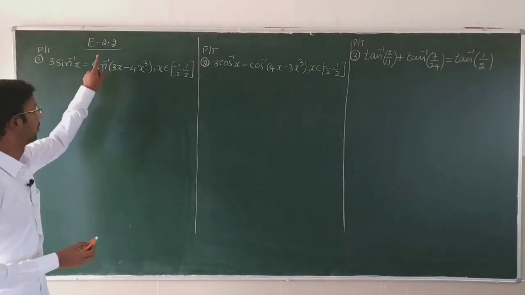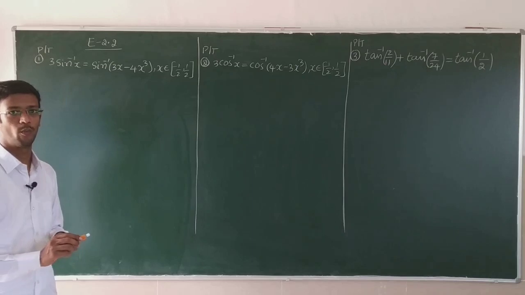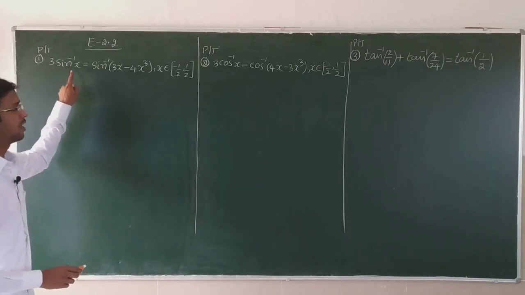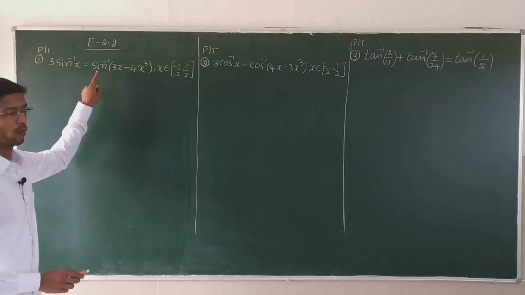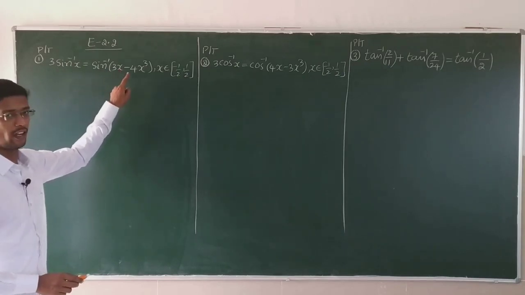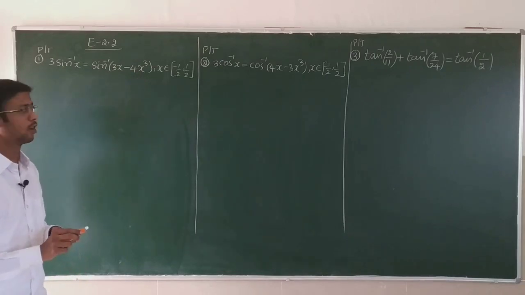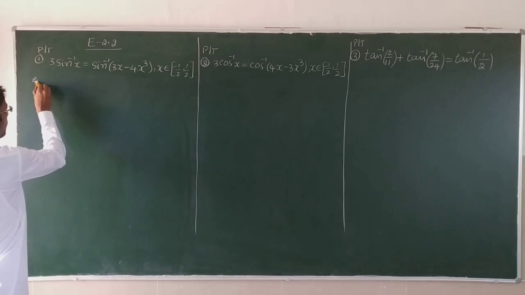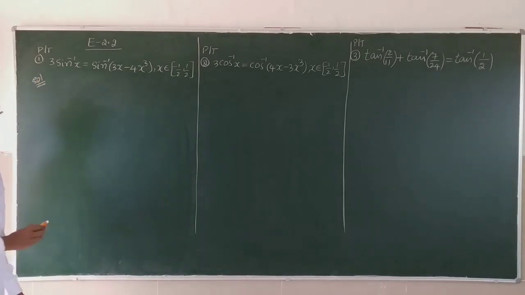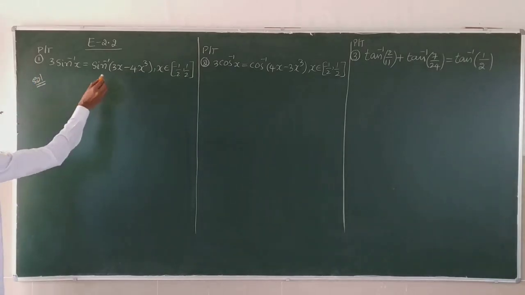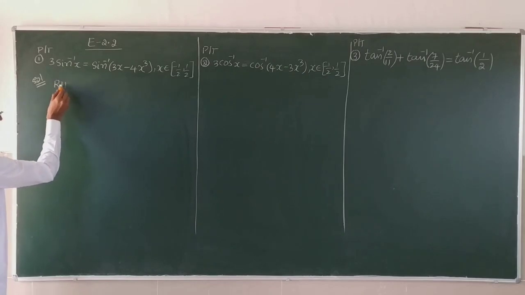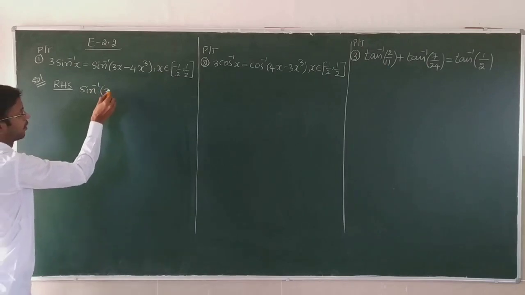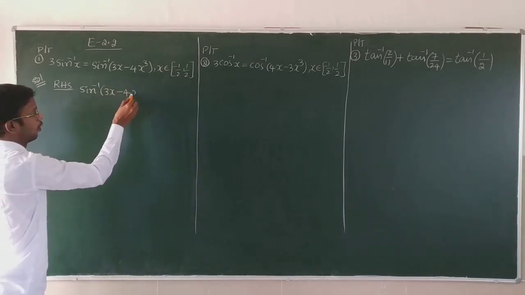Next we discuss the exercise 2.2 inverse trigonometry. First problem, prove that 3 sin inverse x equals sin inverse of 3x minus 4x cube, where x belongs to the given condition. Solution. For that purpose, I am taking here the RHS part, sin inverse of 3x minus 4x cube.